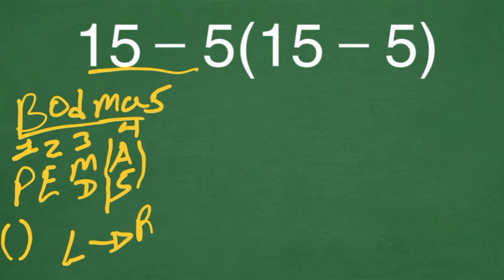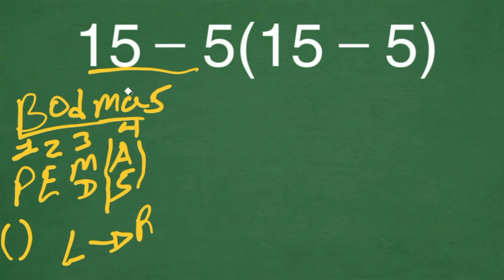So D stands for division, M stands for multiplication. Like I said, division and multiplication, or you can reverse the wording, they have similar priority. They are on the third priority, and addition and subtraction have the same priority as well.